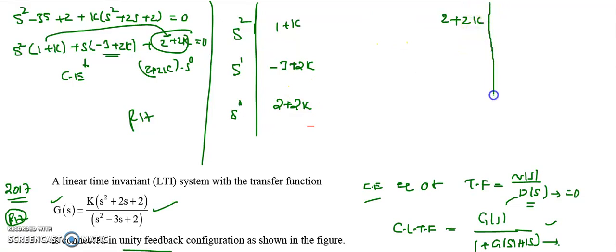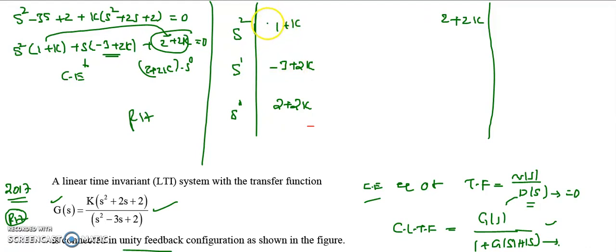So now he is asking to find the value of k to get the system stable. To get the system stable, the polarities of all the first column elements, see, it is the first column and it is the second column, must be positive.